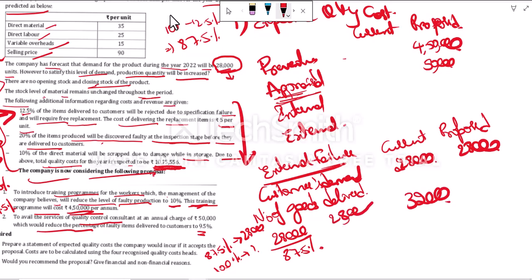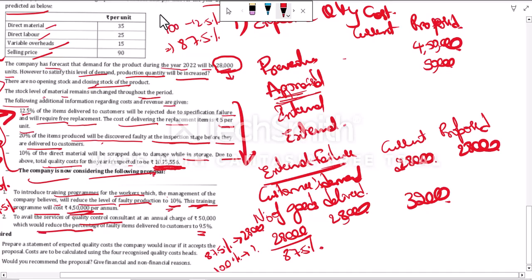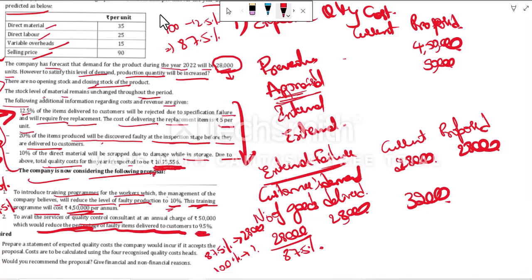In the proposed scheme, how much is it reduced to? It would reduce the percentage of faulty items delivered to the customer to 9.5%. In the current situation it is 12.5% and it will be reduced to 9.5%.